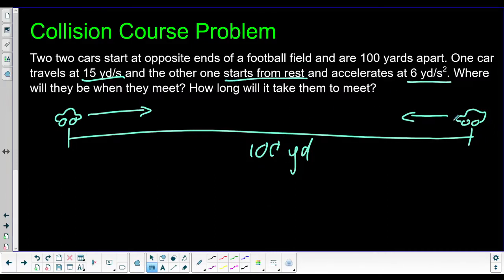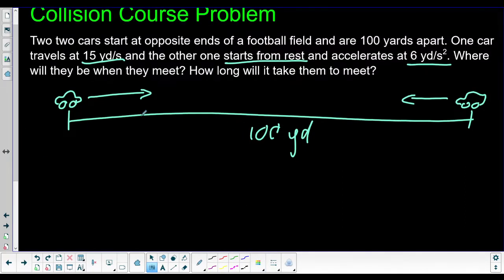It doesn't tell us which one is on which end. It doesn't tell us their masses. It leaves out a lot of stuff. So let's go ahead and pick. Okay. Here's what I'm going to do. I'm going to say this is the accelerating car.